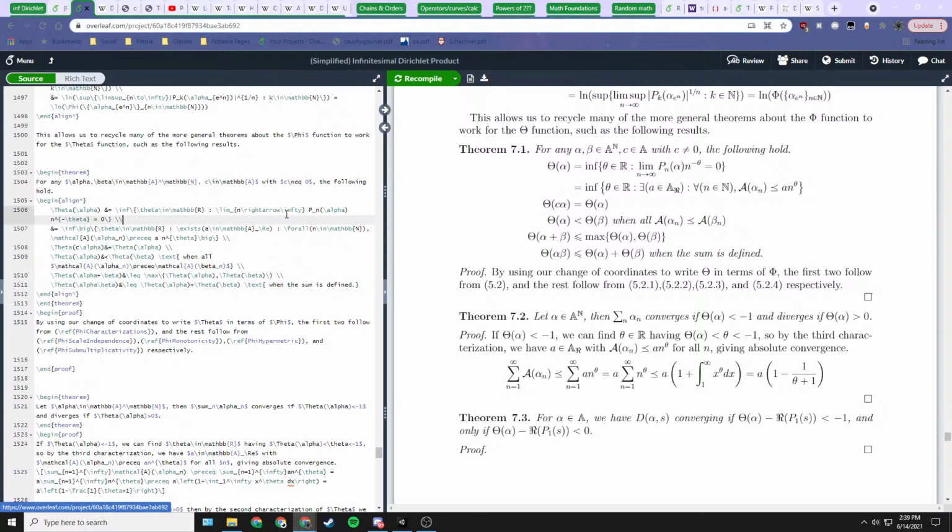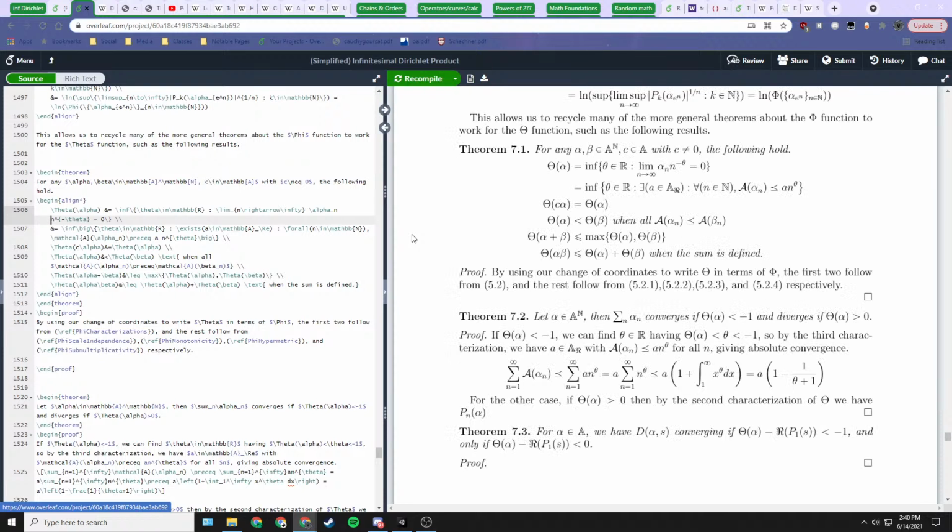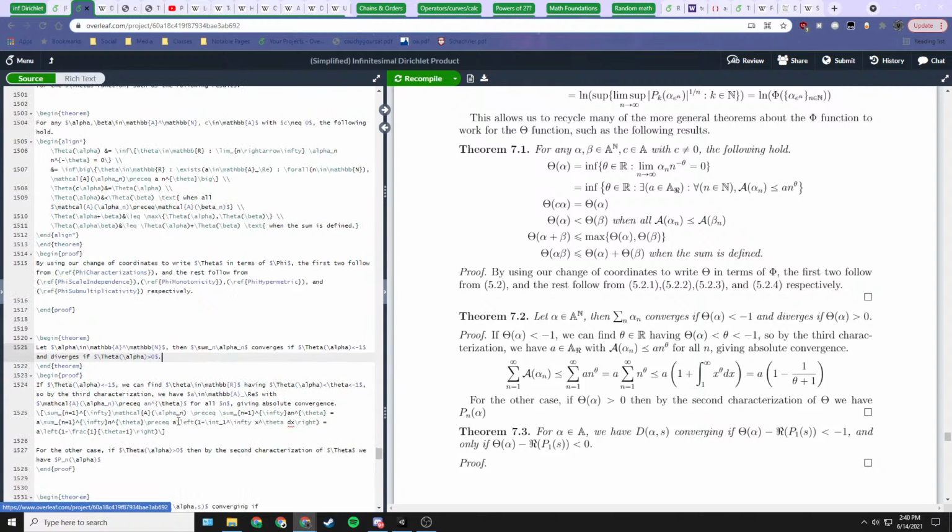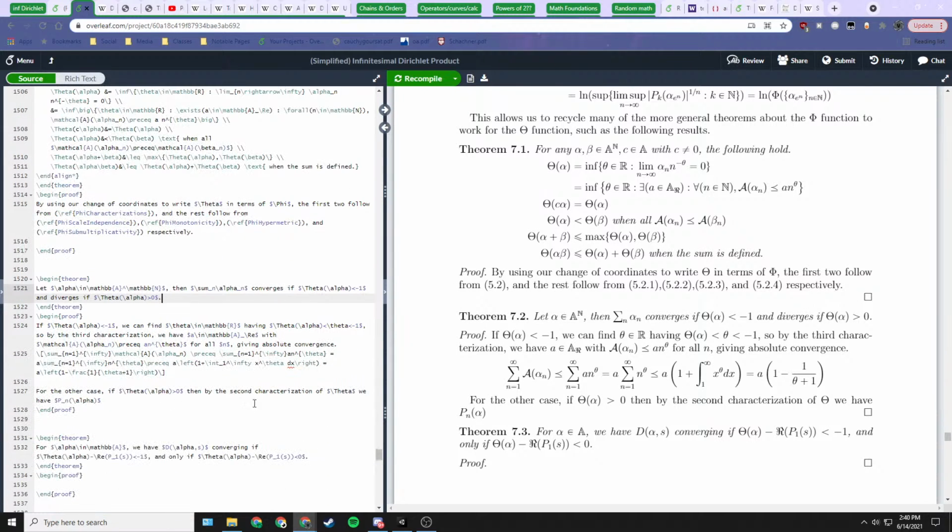This should be alpha sub n times n to the power minus theta, equals 0. This is alpha sub n times n to the power, so just mean minus 0, which is alpha sub n not tending to 0.